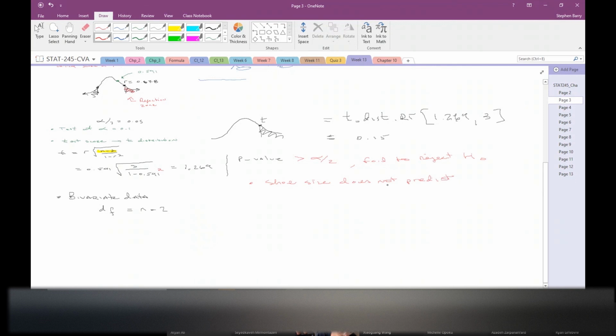Here's another nice way to put your non-technical conclusion: shoe size does not predict height reliably. Something like that, right? That's a nice non-technical way of saying it, given the information we have.